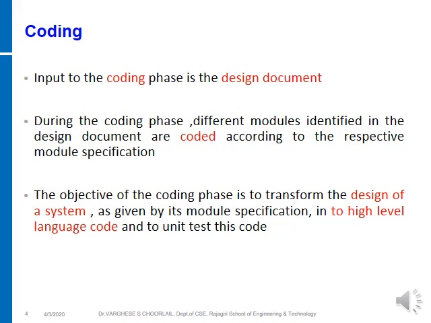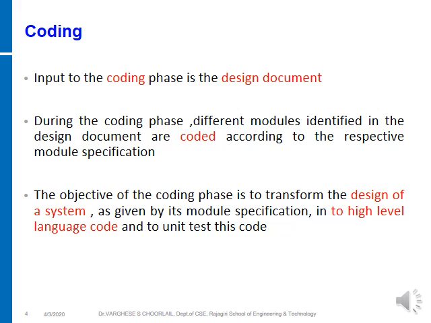During the coding phase, different modules are identified in the design document. Different modules will have different purposes, or each module will be done for a specific purpose. And according to the module division, respective programming will be done based upon the specification.